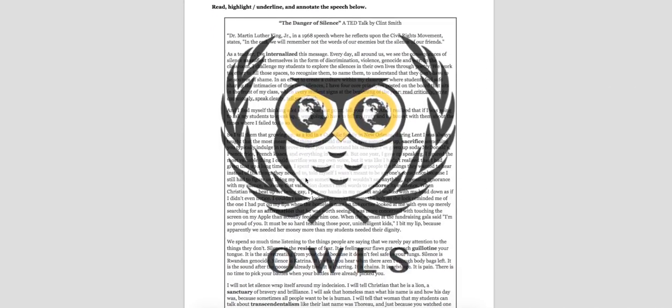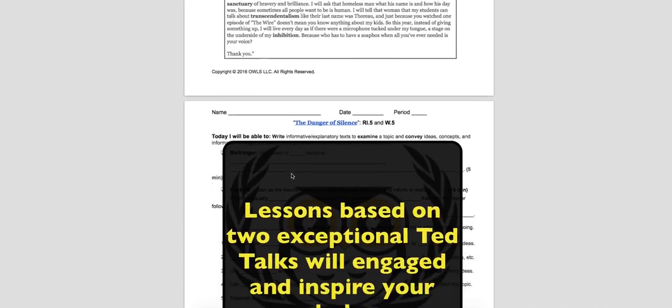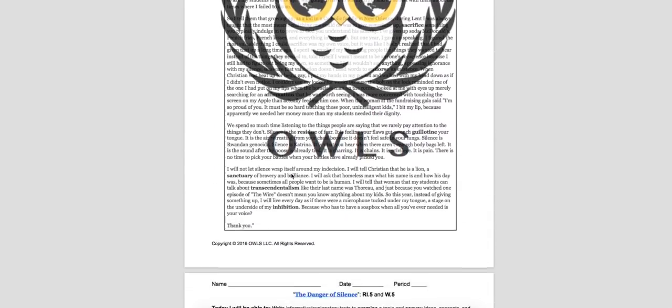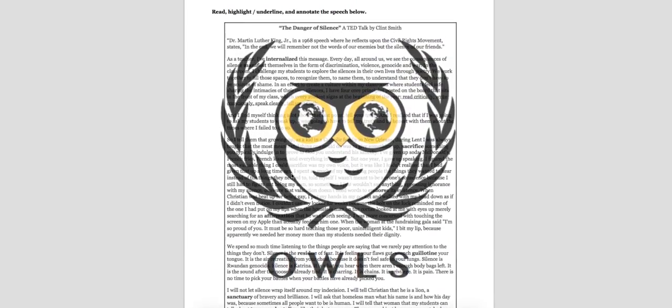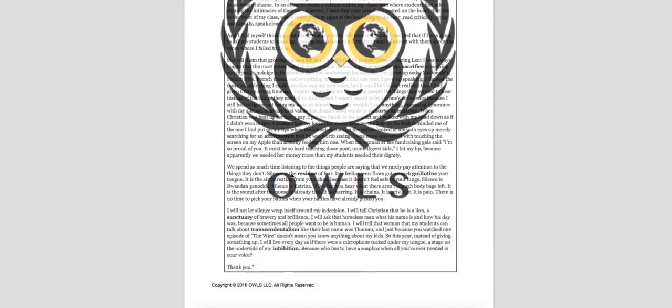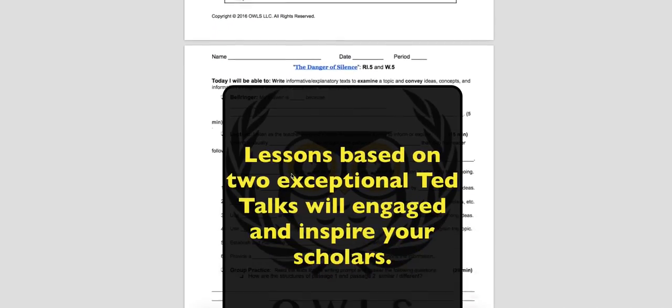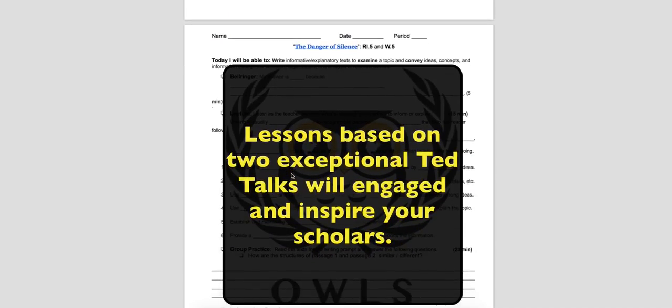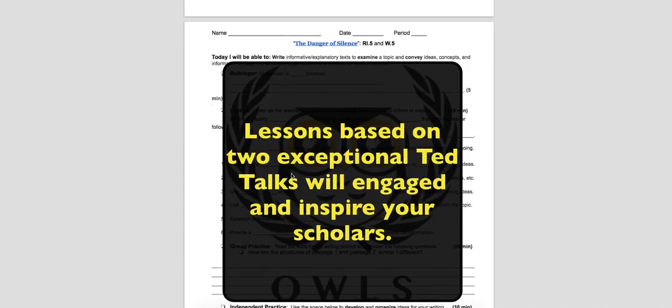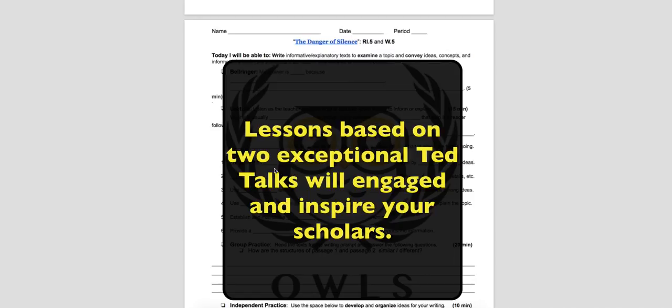There is additional text. There is the text of the speech, at least parts of it, where the students are going to practice annotating and close reading of the text by Clint Smith. There are lessons based on these two exceptional TED Talks, but there are other ways for you to inspire and engage your scholars by bringing in different texts as well.